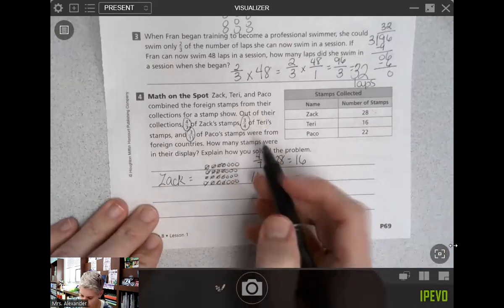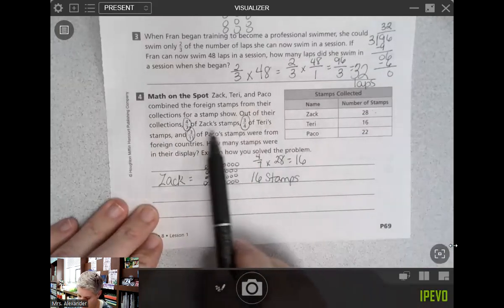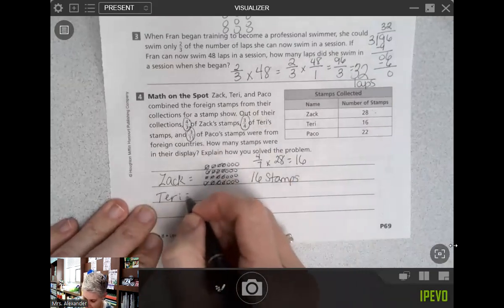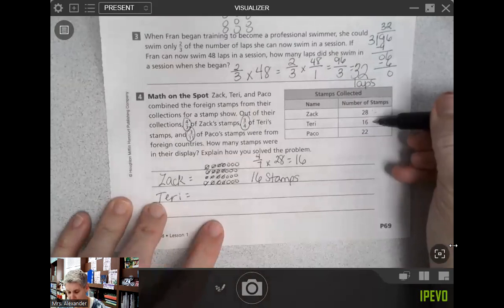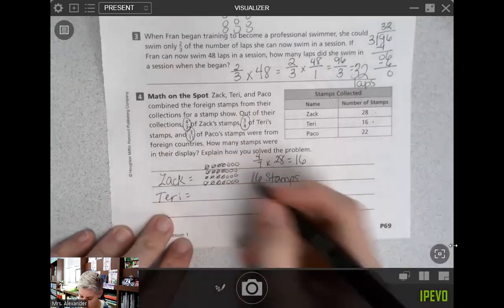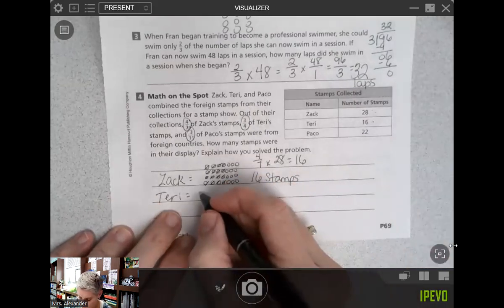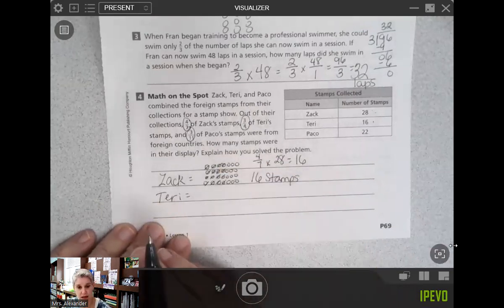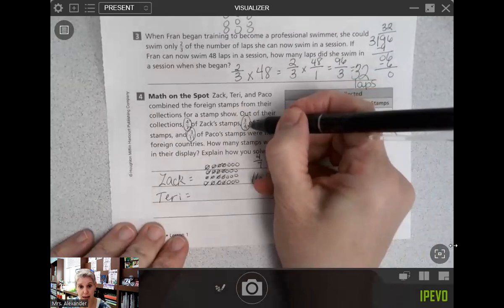For Terry, oops, I just did that backward. Terry, 3/4 of Terry's. Terry had 16. I'm going to do squares just to keep them separated. I'm going to put those 16 into groups of 4, looking at my denominator.